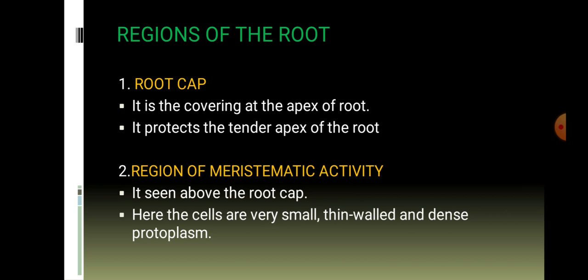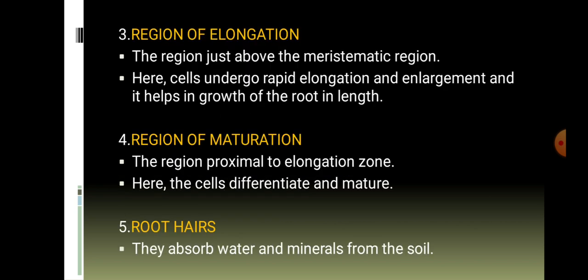Region of meristematic activity, it is seen above the root cap. Here the cells are very small, thin walled and have dense protoplasm. Region of elongation, the region just above the meristematic region.